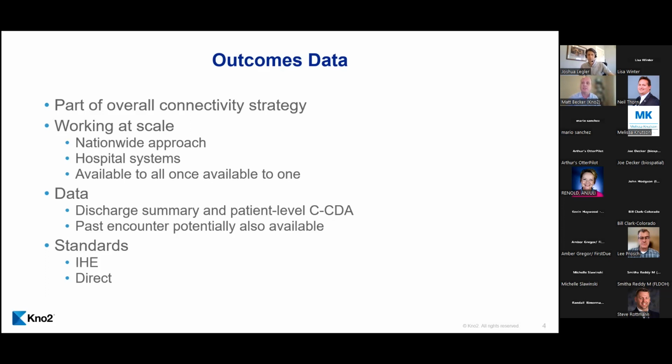But at the same time, you're still getting what you need, generally speaking, for outcomes data from these IHE and direct specifications, specifically with the documents that are being shared. And so the benefits are definitely outweighed by the cost of trying to do that at any sort of scale, much less a national scale.